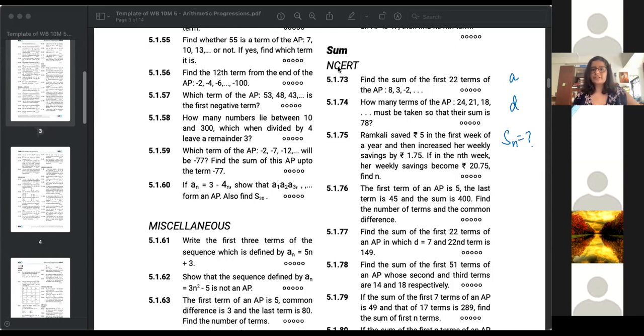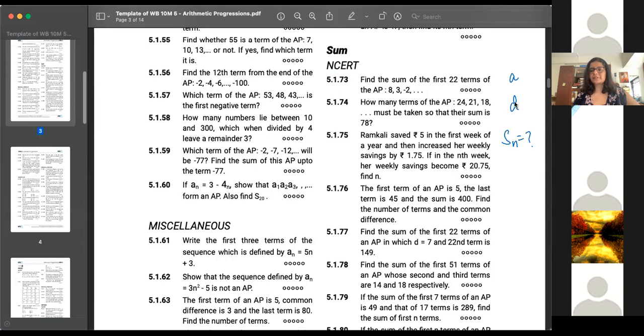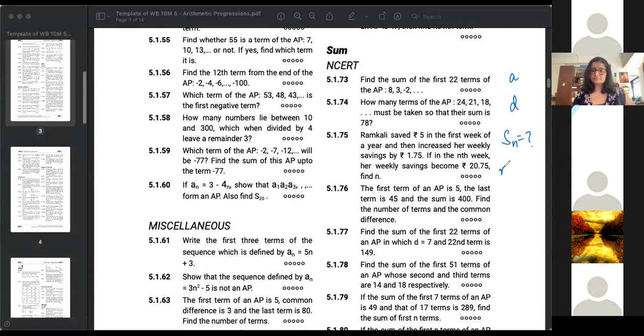I've given you the first term and common difference. A and D pata hai. So sum of n terms kya hai? Then sum of n terms is equal to n by 2 bracket 2a plus n minus 1 into d bracket. Very good. Close. सही है.